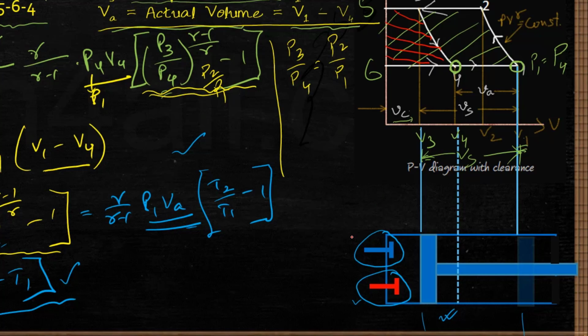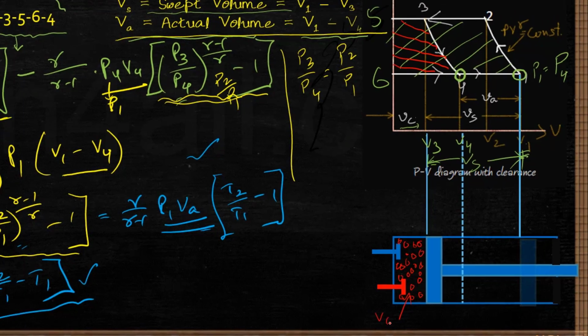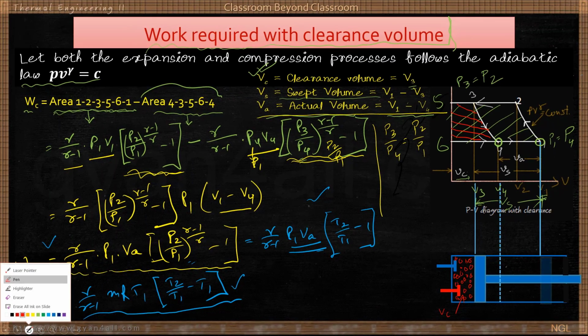That means air enters through this valve and it is delivered to the receiver through the exhaust or delivery valve. And this is the volume occupied after compression, and this is called the clearance volume, VC.